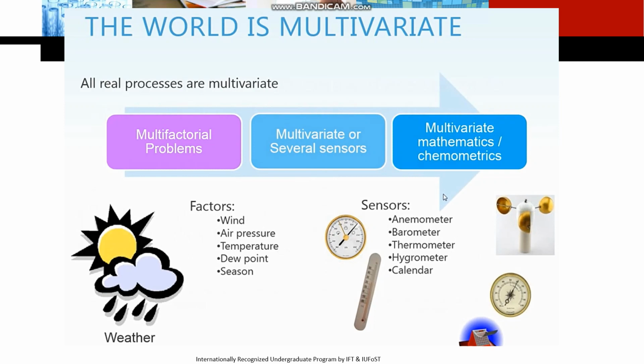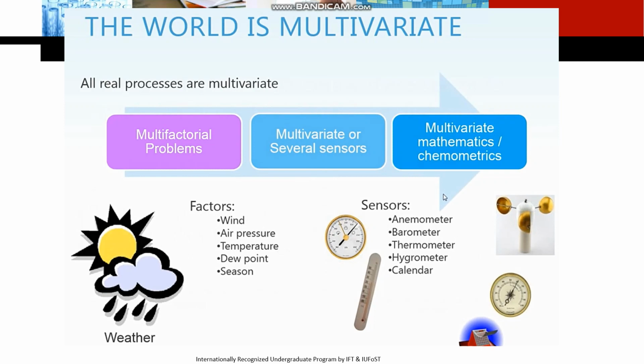For measuring the weather, we can use an anemometer, barometer, thermometer, hygrometer, and also a season calendar, for example. That's why multivariate or several sensors can relate later to multivariate mathematics or chemometrics that we also know at the moment.